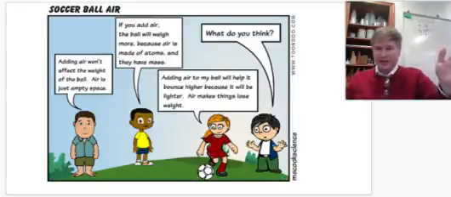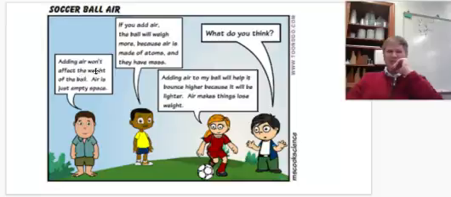All right, so I'm going to first throw up a cartoon here. I have a couple of cartoons I want you to take a look at. These young people are playing soccer and pondering physics. The first boy says, adding air won't affect the weight of a ball. Air is just empty space. Another young child says, if you add air, the ball will weigh more because air is made of atoms and they have mass.